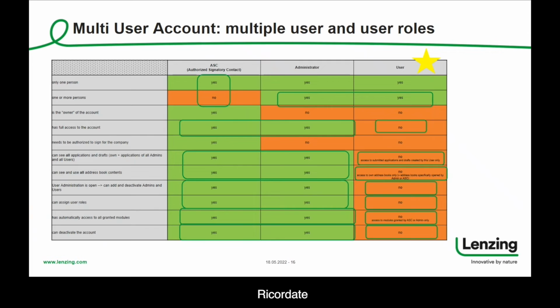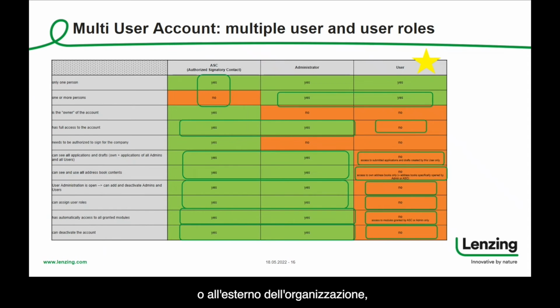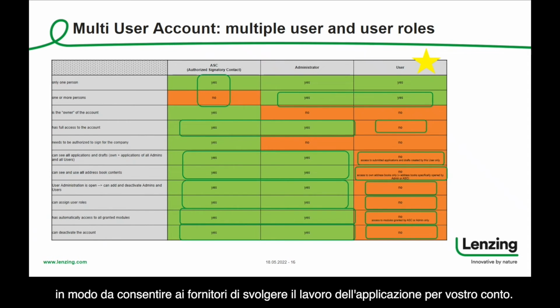And please remember, the big benefit of the multi-user account is the fact that you can add users both within your organization or even outside your organization, which enables you to have your suppliers do the application work on your behalf.